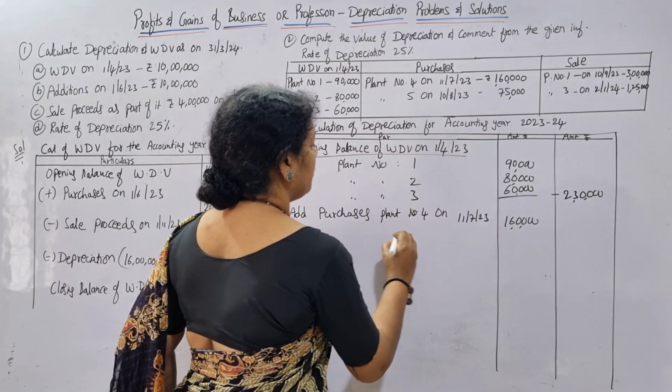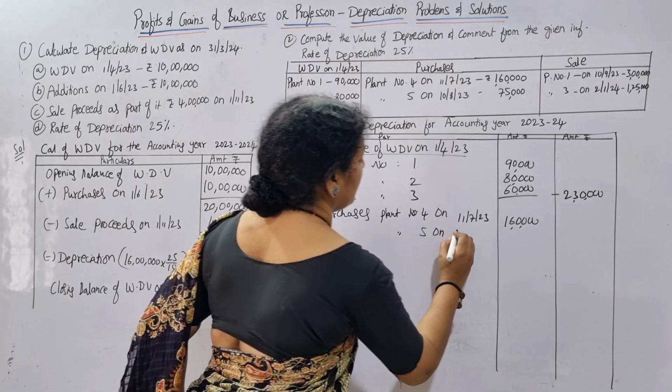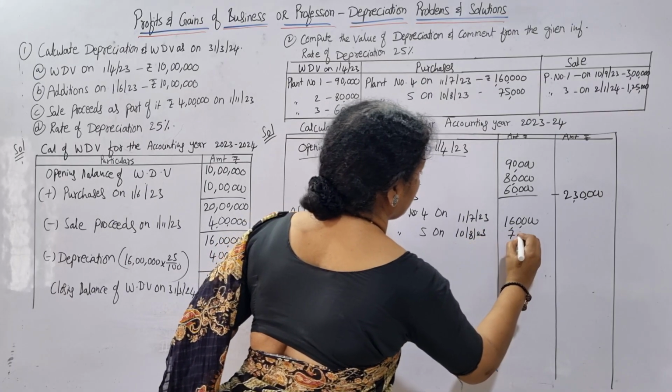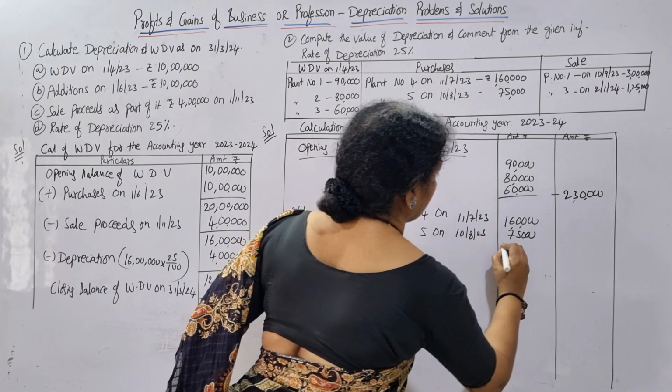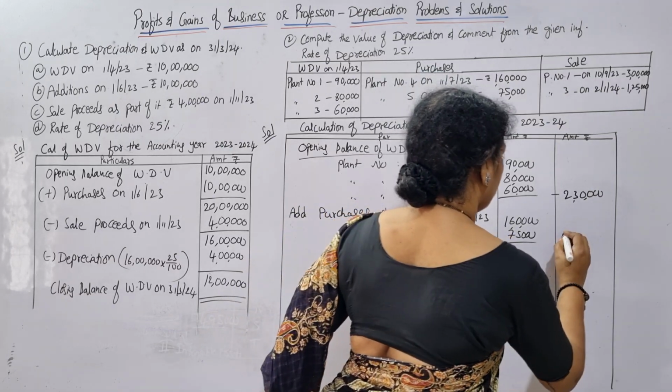In the same way, there is another purchase, plant number 5 on 10/8/23, it is 75,000. Together it comes to 1,35,000.